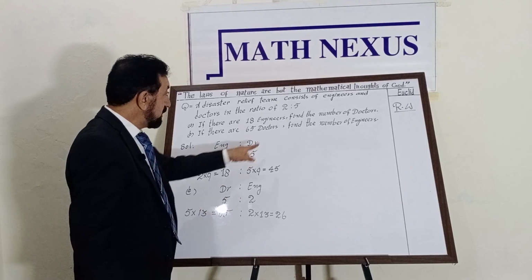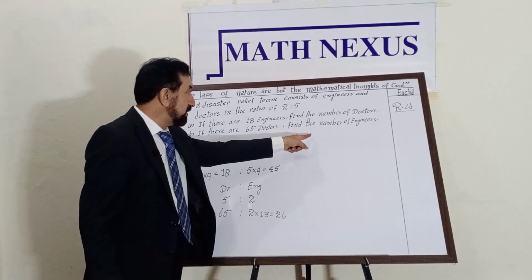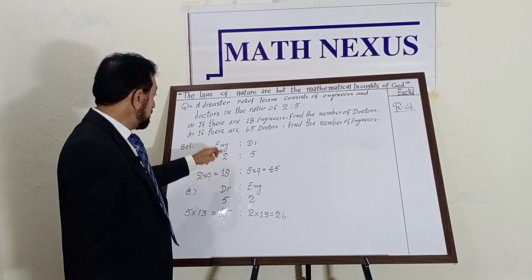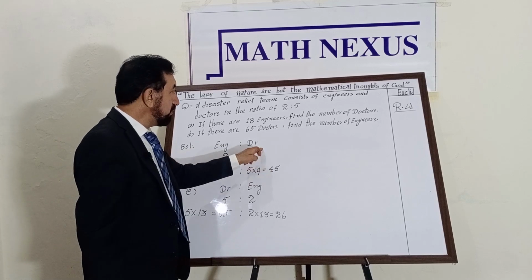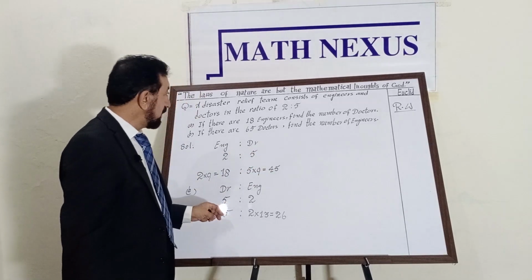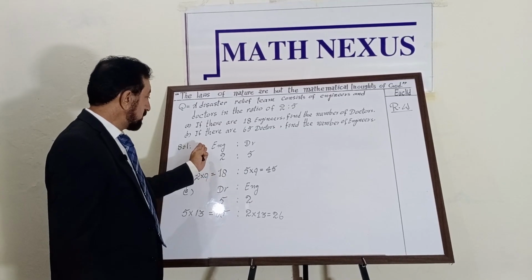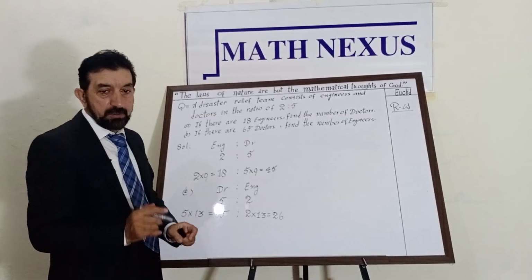So 65 doctors and 26 engineers. In the first case, 18 engineers and 45 doctors. This is the ratio between engineers and doctors.